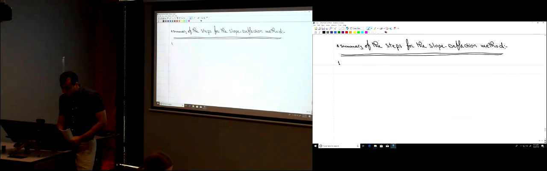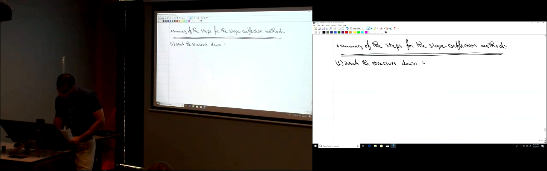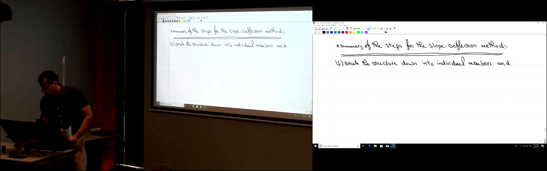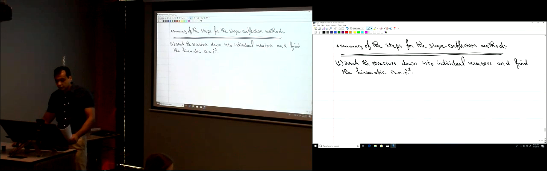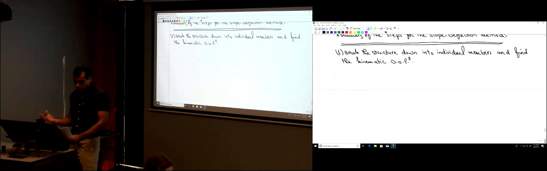The first step: you break the structure down into individual members and find the kinematic degrees of freedom at both ends of each member. So you find what the kinematic degrees of freedom are in your structure.